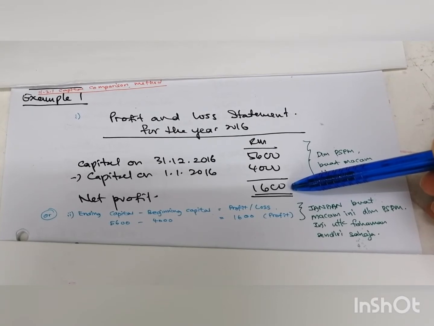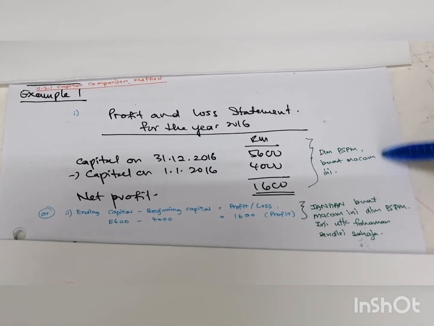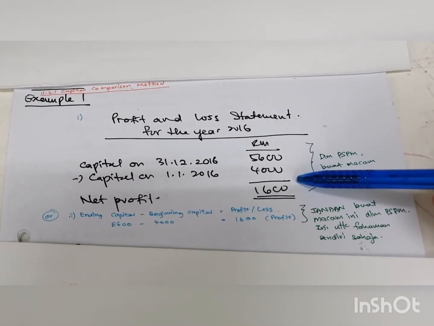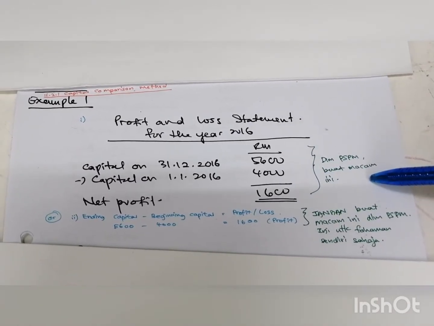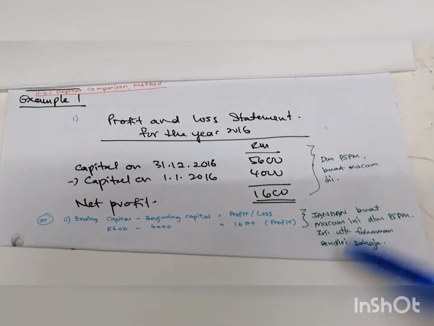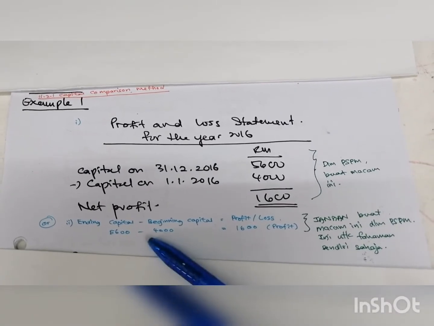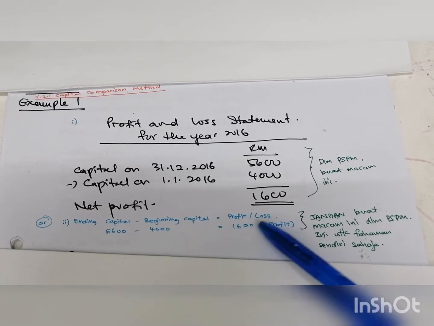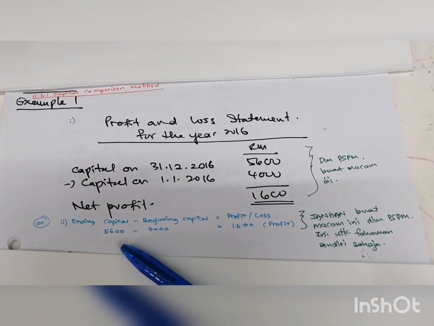Remember, in PSPM you have to do it this way. Do not do it in the mathematic way. The mathematic way is like this: ending capital minus beginning capital, and you get your profit or loss. Am I right?